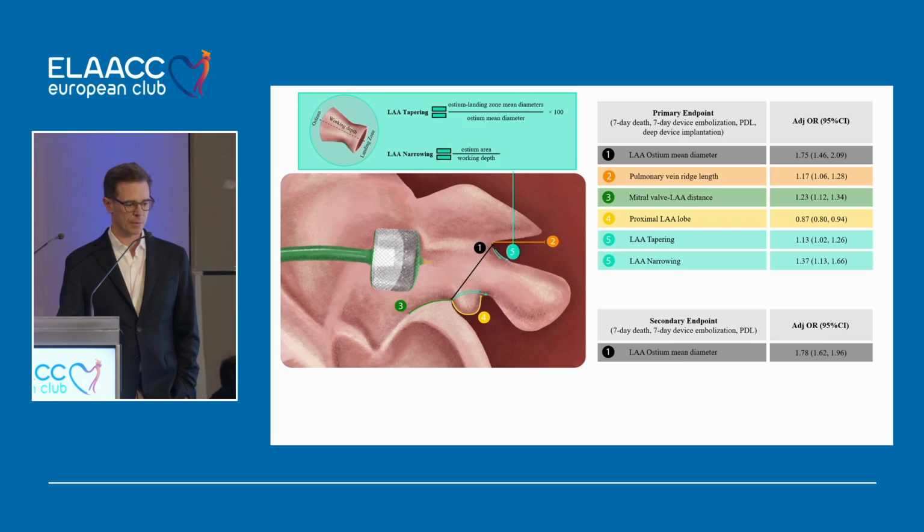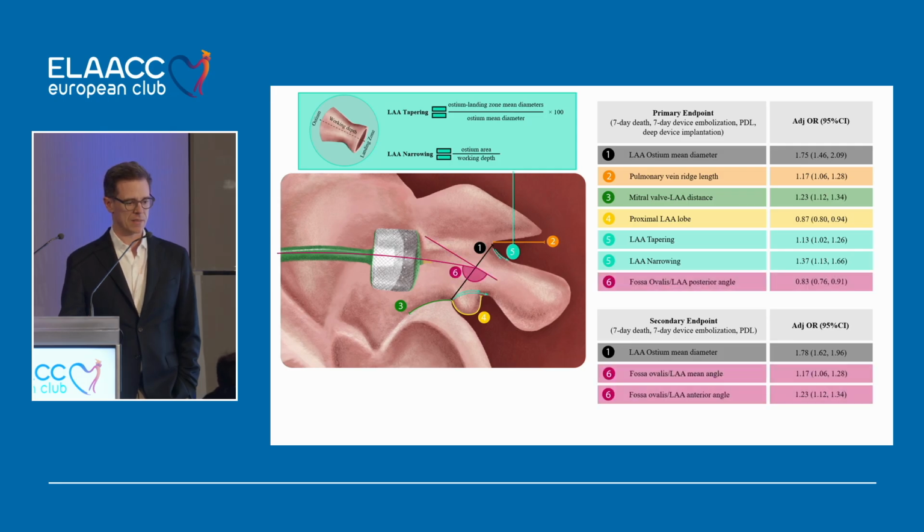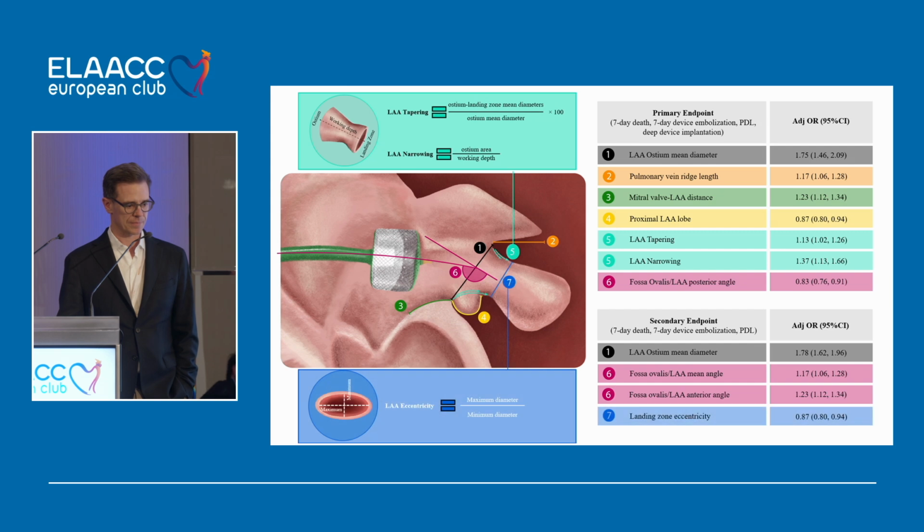For the secondary endpoint, that is not taking into consideration the implant depth, the following parameters emerged: LA osteo mean diameter and the fossa ovalis LAA mean angle and fossa ovalis LAA anterior angle.